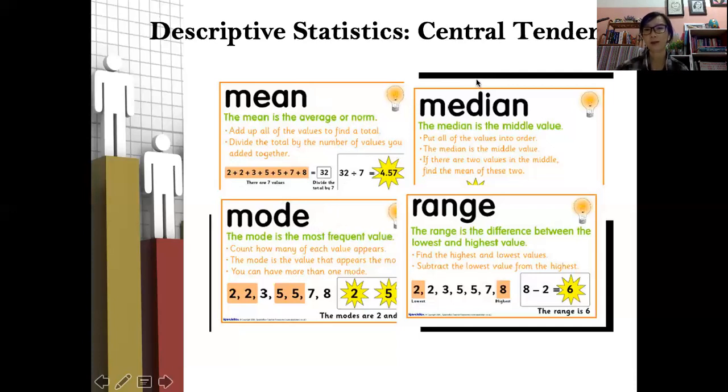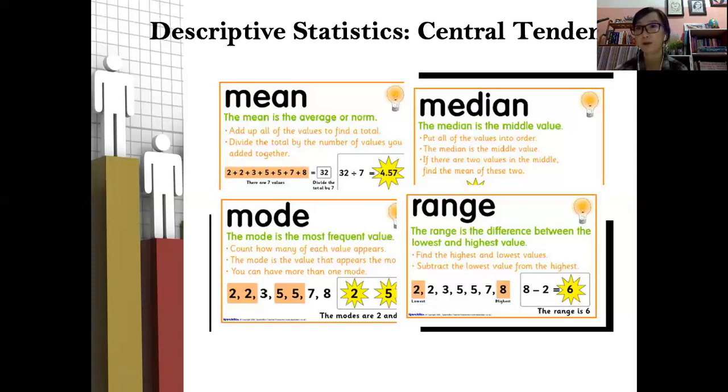Basic statistics. I believe that you have learned this at school before. Maybe in Bahasa Indonesia, not in English. This time you have to use some English terms, but actually just the same concepts.